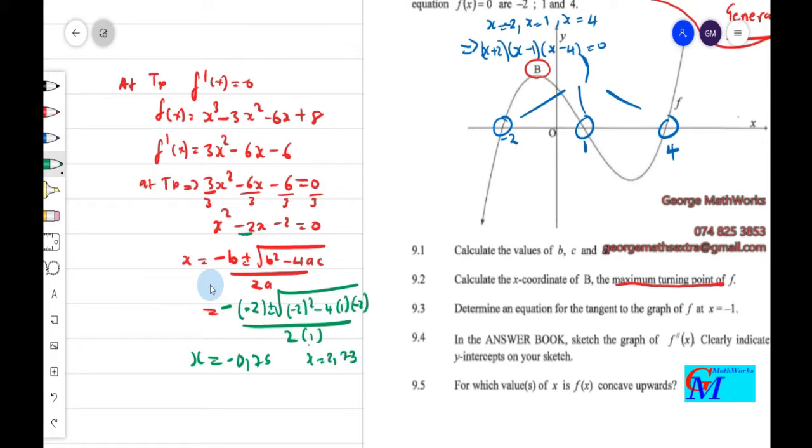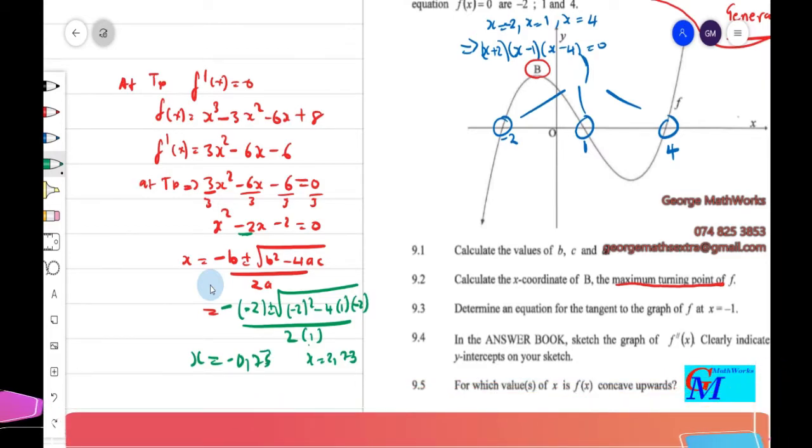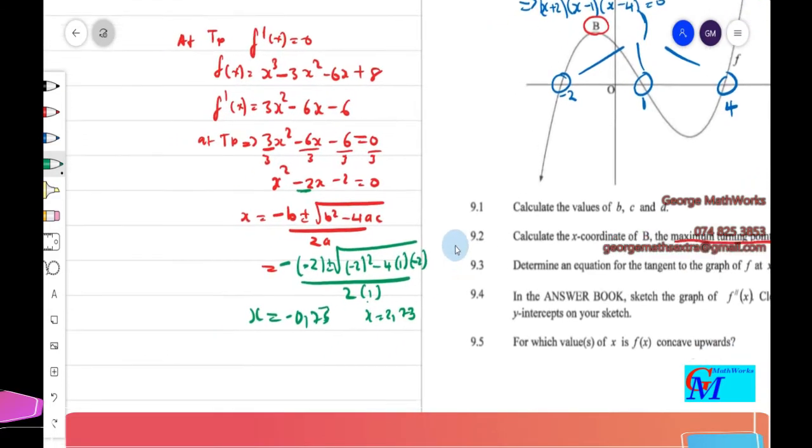Let me double check again if what I did here is right. Okay, negative 0.73 here. Let me put a 3 here. All right, negative 0.73. So after getting the negative 0.73, we now need to find the y value.